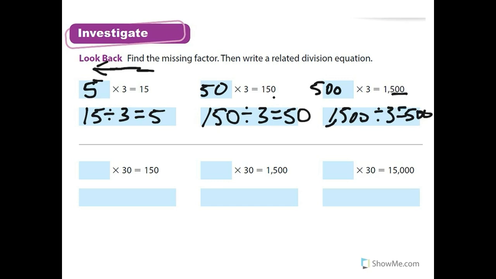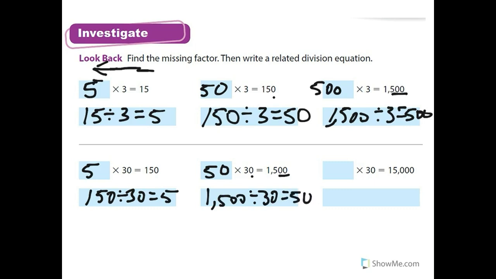Right, and then what times 3? Still times 3, isn't it? When we do math facts, so 5 times 30, so 150 divided by 30 equals 5. And then we've got 2 here and 1 here, so it's going to be 50 times 30, so 1,500 divided by 30 equals 50.